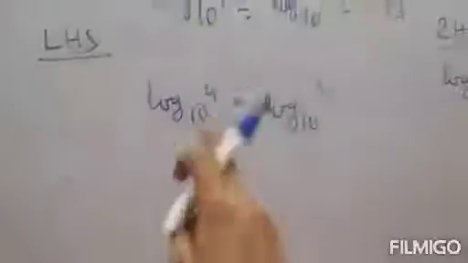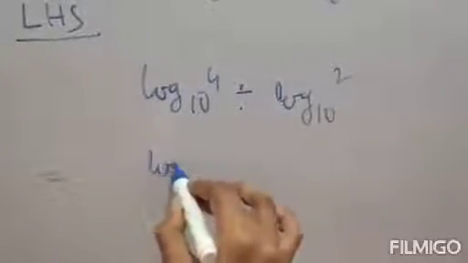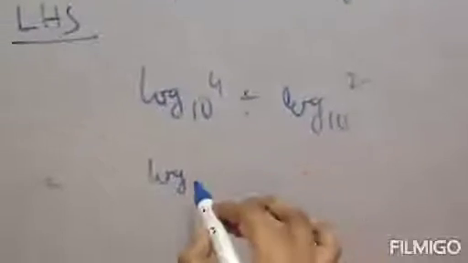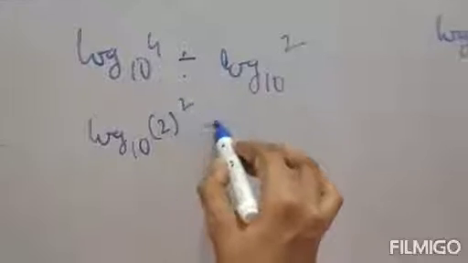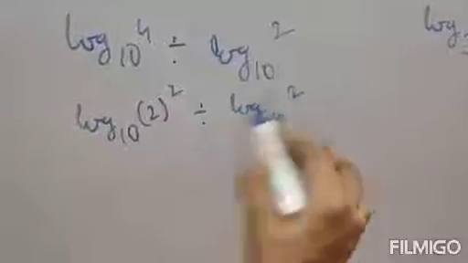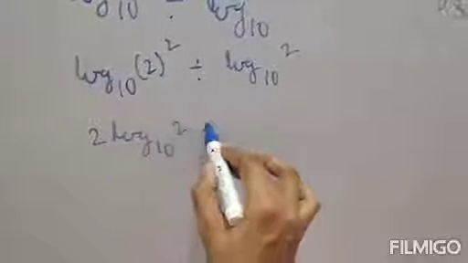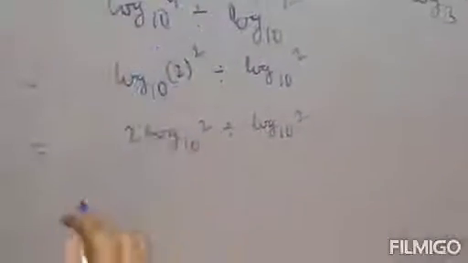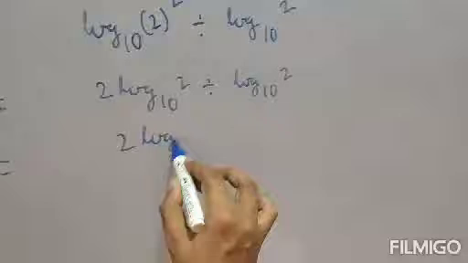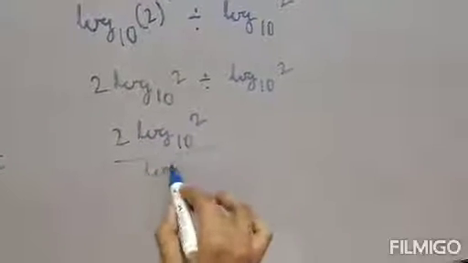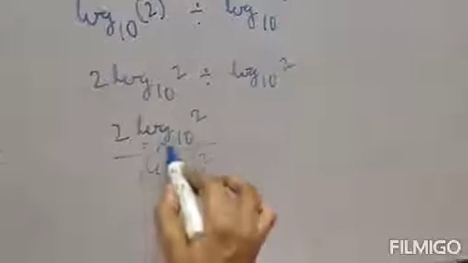So for the left hand side, log base 10 of 4 can be written as 2 squared, minus log base 10 of 2. Apply the power formula: 2 log base 10 of 2 minus log base 10 of 2. Clear? This is the power formula, so the 2 comes first. Log base 10 of 2 and log base 10 of 2 cancel each other, so the left hand side is 2.